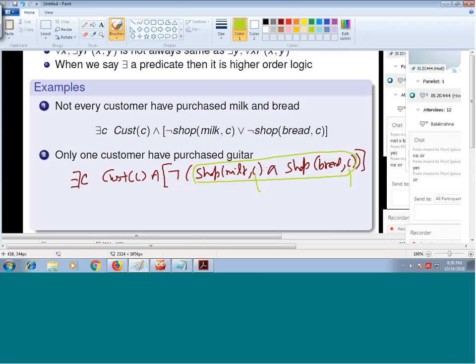That he has shopped for the milk and bread, and this part I am telling is not. So he has not shopped for both milk and bread, because this AND says that he has purchased both things, and now I have put not. It means that he has not done this thing.